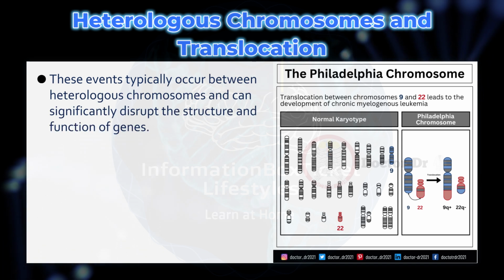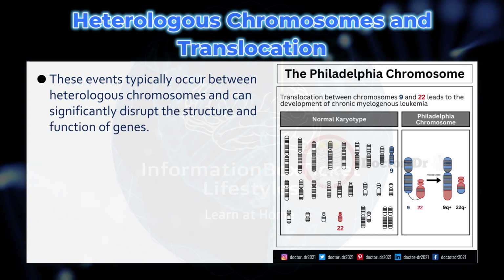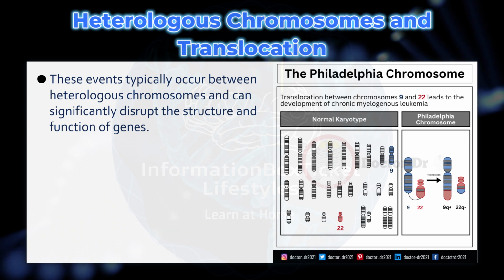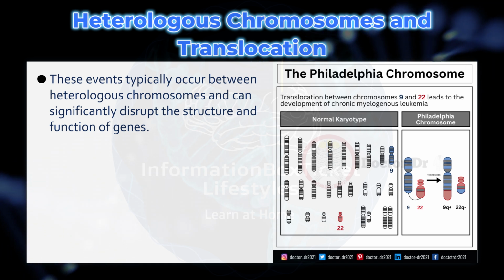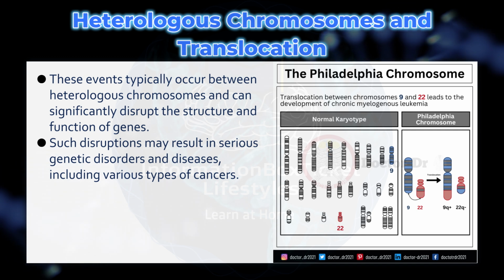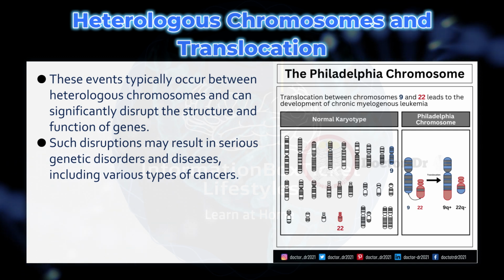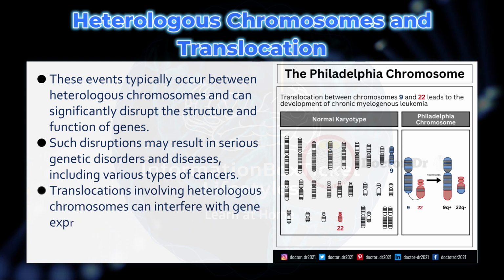These events typically occur between heterologous chromosomes and can significantly disrupt the structure and function of genes. Such disruptions may result in serious genetic disorders and diseases, including various types of cancers.